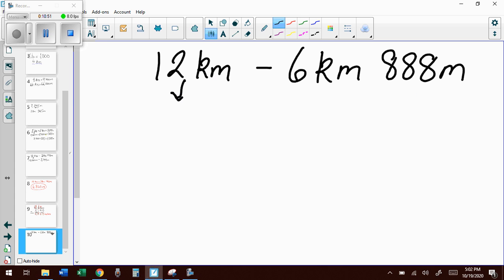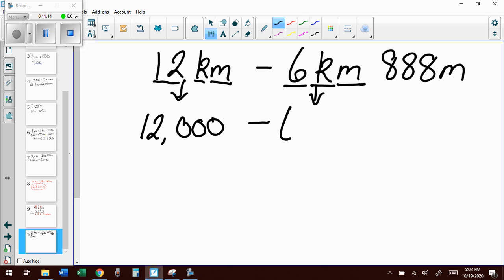Let's break it down to what these literally mean. 12 kilometers is 12,000 meters. Minus 6 kilometers is literally 6,000 meters. 6,000. Oh! You know what I forgot? This poor little 888 right here. We can't forget him. He needs to join the party.